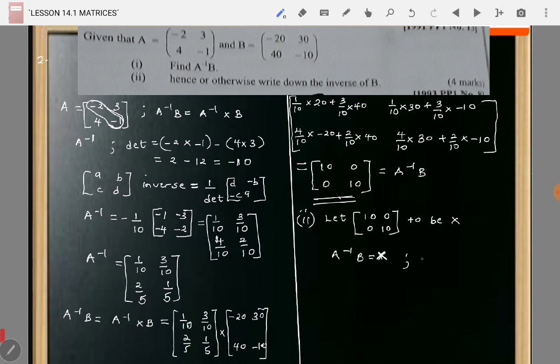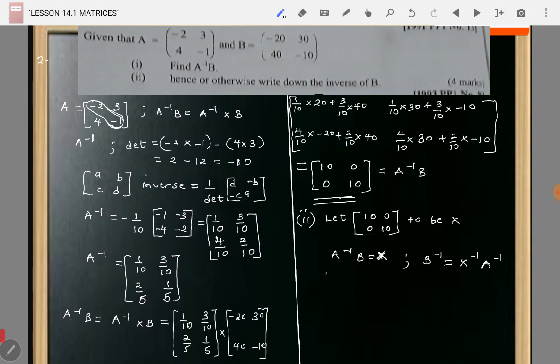So for us to get B inverse, it will be equal to x inverse A inverse. So we must first of all get the value of x inverse. And our x is [10, 0; 0, 10].